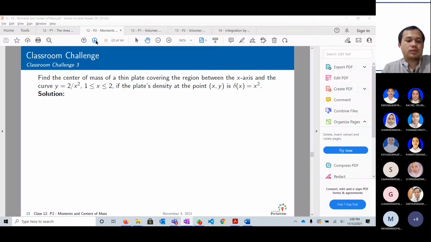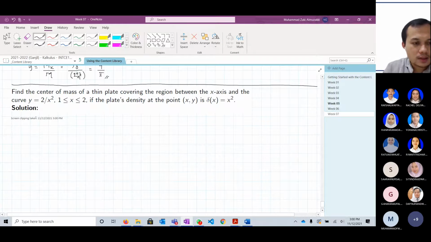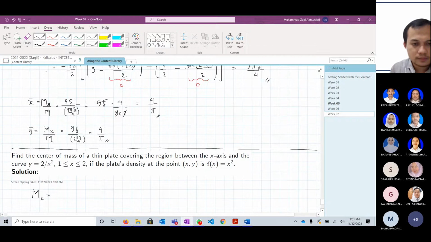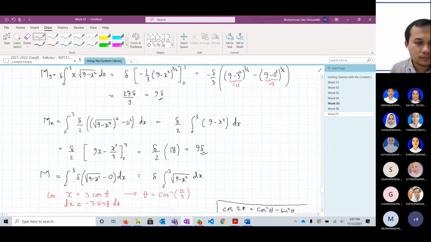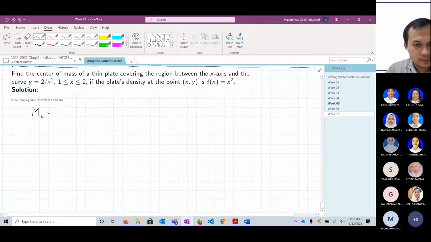In this case, we have to, okay, again compute My, Mx, and the mass. Let's try to compute My first.